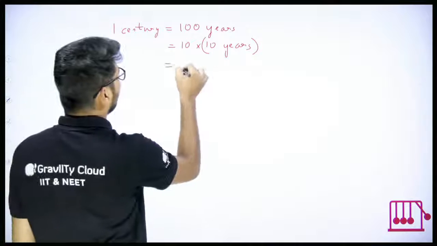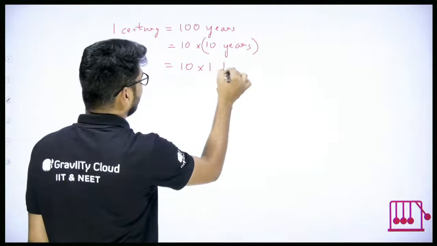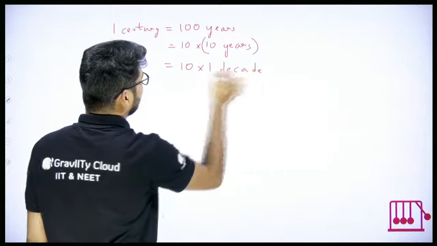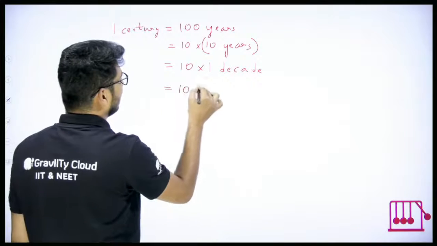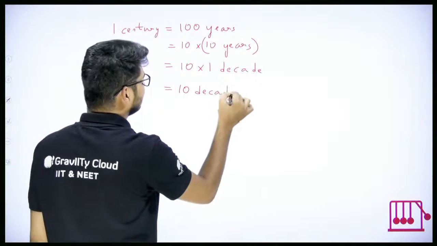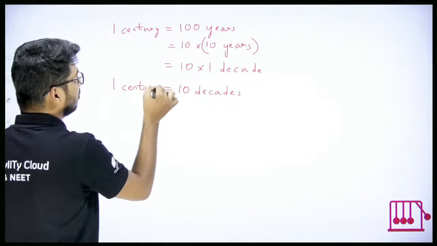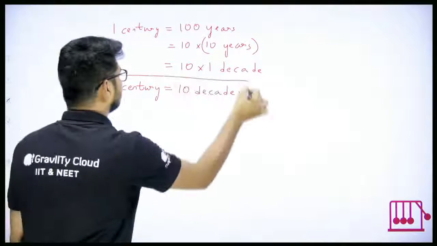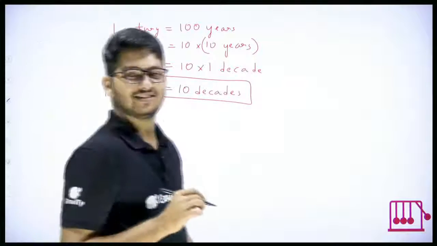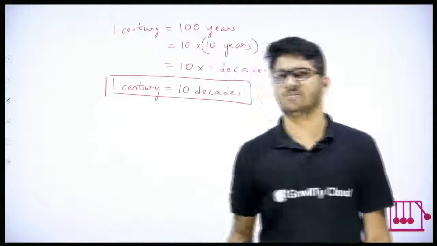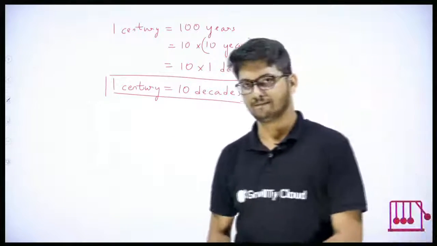So in place of 10 years, if I write 1 decade, then you have 10 into 1, so you can write decades. So 1 century is equal to 10 decades. Clear? Extra information which will help you.